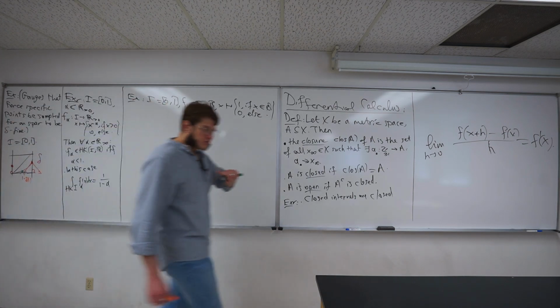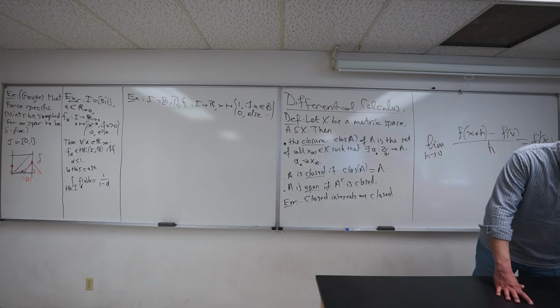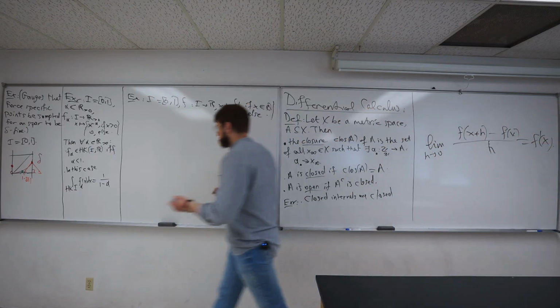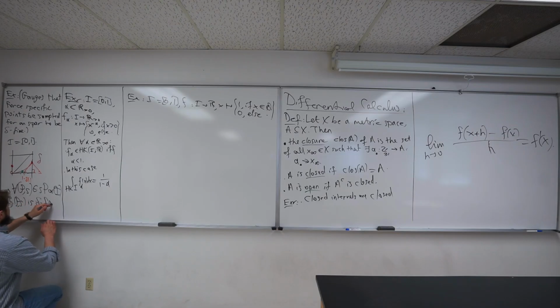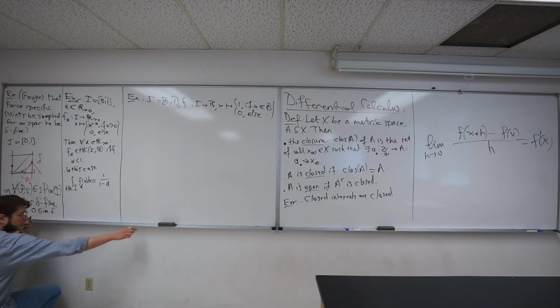Which means, relative to this delta, for any sampled partition PS, if PS is delta fine, then 0 is a sampled point. That is to say, 0 is in the image of S.